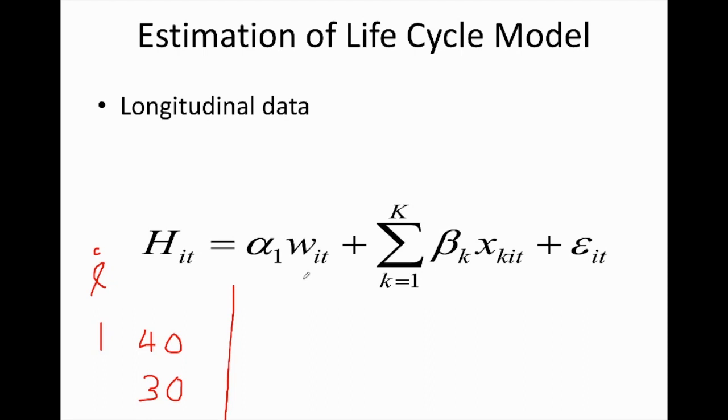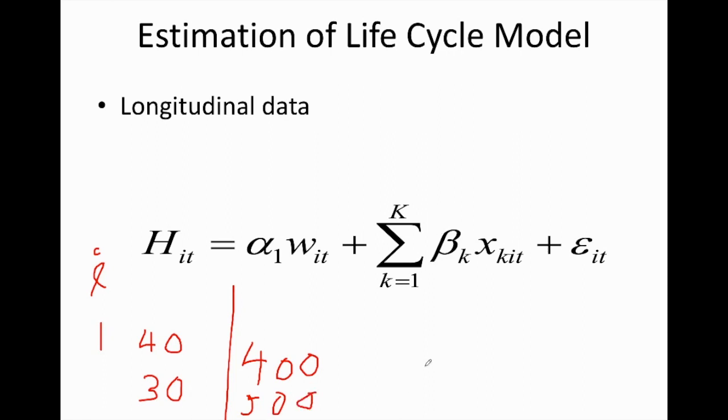Let's say for the first worker, you need to know how much he earns, or his wage rate in 2015. Let's say we are using wage rate per week, and he earns, let's say, $400 per week in 2015, and in 2020 he earns $500 per week. So this is another observation for the second variable.